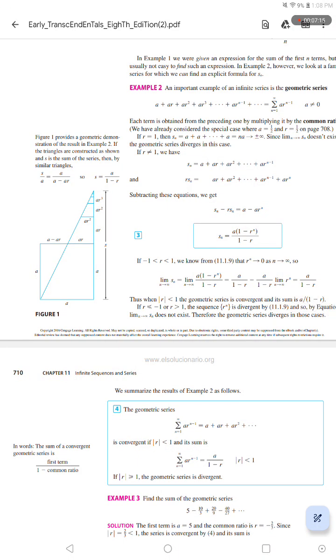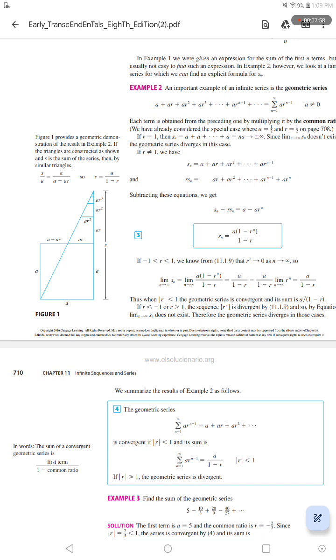The geometric series, the sum from n equals 1 to infinity of A R to the power n minus 1 equals A plus AR plus AR squared plus ellipsis, is convergent if the absolute value of R is less than 1 and its sum is A over 1 minus R, where the absolute value of R is less than 1.